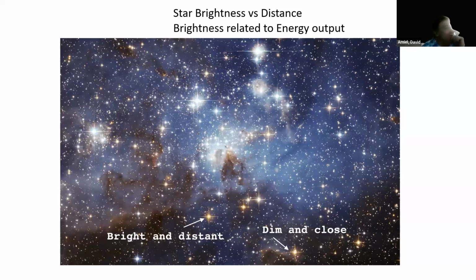So this slide, finishing up here, this is what you see in the night sky. This looks like Hubble. There's a lot of bright ones. There's a lot of smaller ones in the background. It's very similar to image one from the lab, isn't it? And again, the fundamental key to unlocking the understanding of what you see in the night sky is to be able to answer the question, is that one bright because it's close?